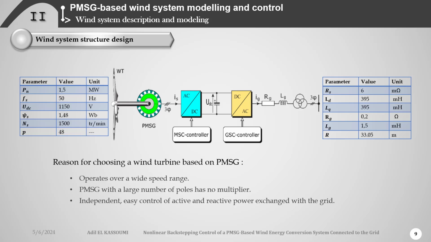First, it operates over a wide speed range. A PMSG with a large number of poles has no multiplier. And it allows independent, easy control of active and reactive power exchanged with the grid. The parameters of the study are given by these two tables.